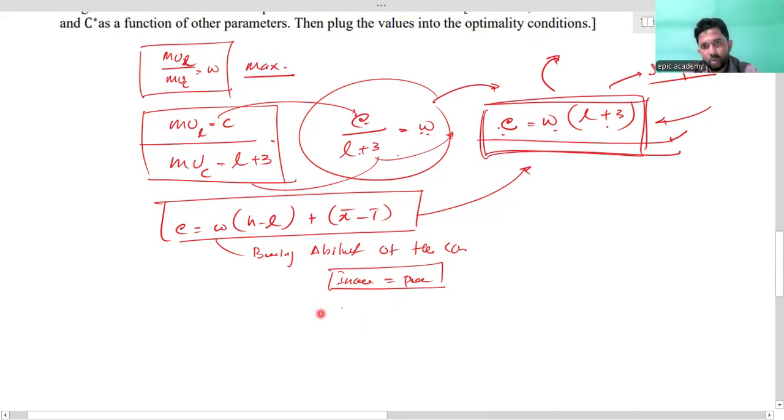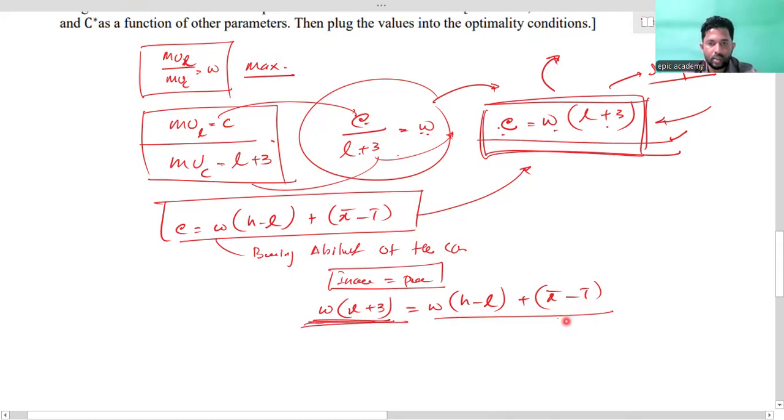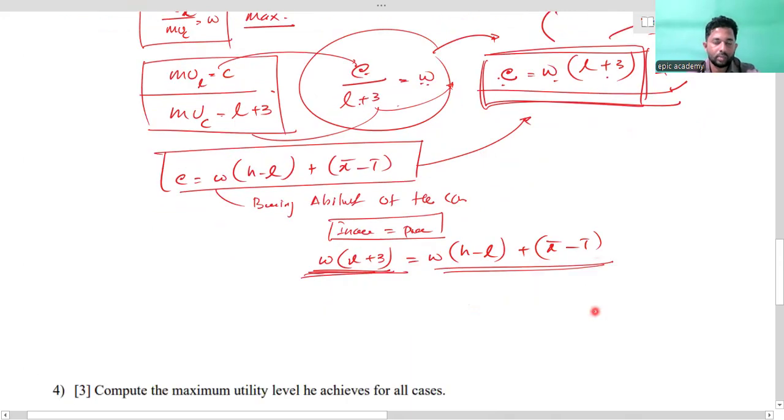I mean W times L plus 3 must be equal to W times H minus L plus phi minus T. This represents the consumption ability, I mean income.